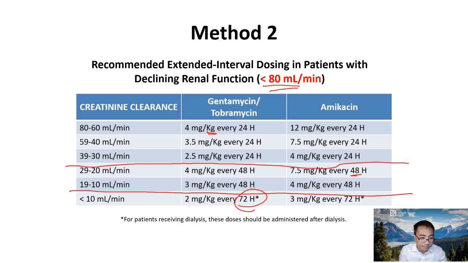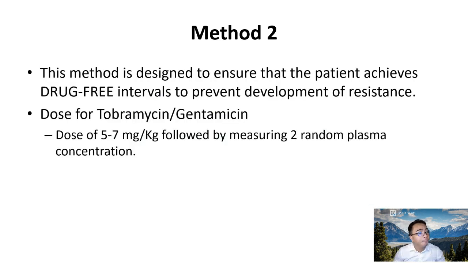So, are we clear? Now, for patients receiving dialysis, these doses should be administered after dialysis. These are the doses for patients with dialysis. Normally, when you are on dialysis, most likely your GFR is less than 10 ml per minute. Right? Okay. So, method 1, method 2. This method is designed to ensure that the patient achieves drug-free intervals to prevent development of resistance.